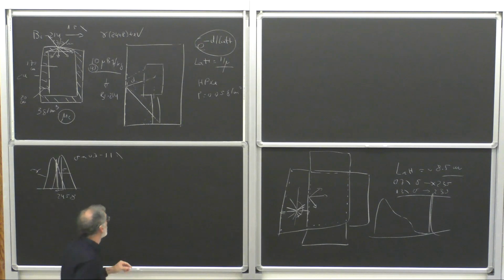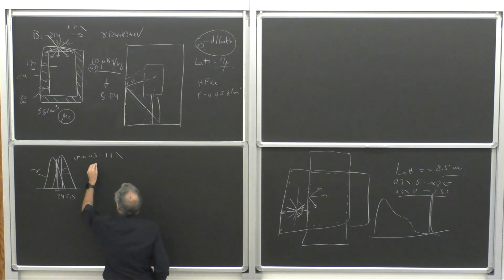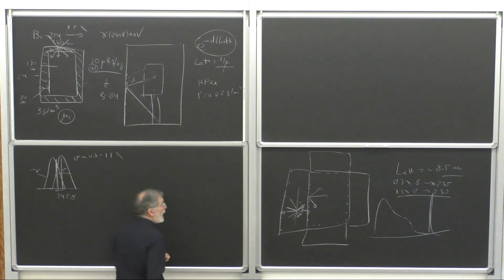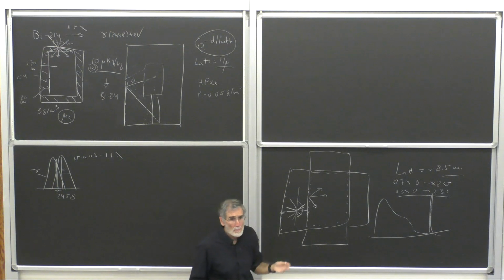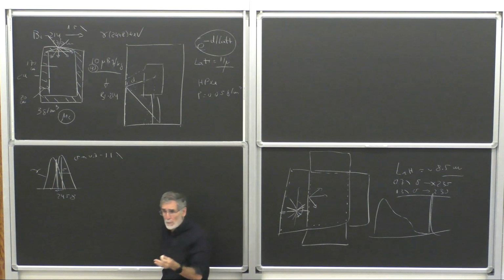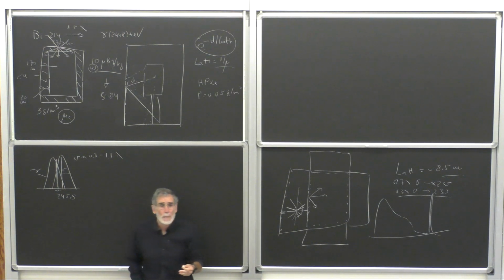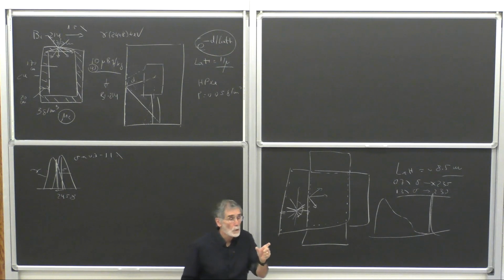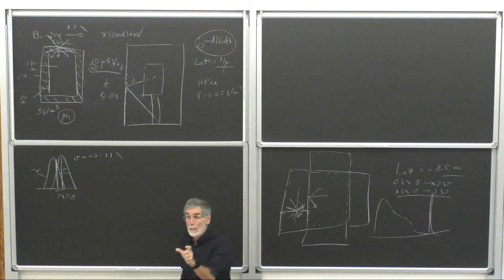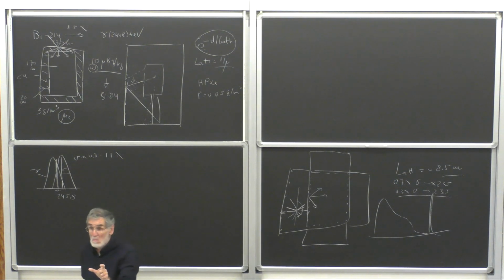Let's see that our resolution is 0.7 times 2.3 would be something like 2% maybe, 1.5%. So we are at 1% of 2,500 is 25.